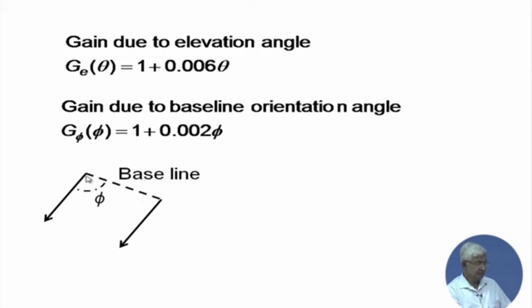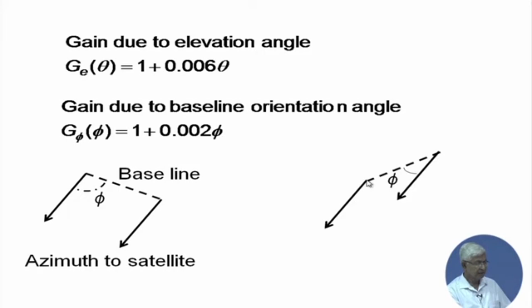You can see pictorially, the baseline here is such that phi is almost 90 degrees towards the satellite. If the baseline is slightly differently oriented, you can see the diversity distance you get is this much, whereas here you get this much distance diversity advantage. So it is based on the azimuth towards the satellite, where the baseline is.